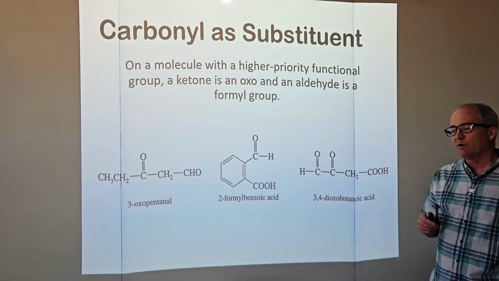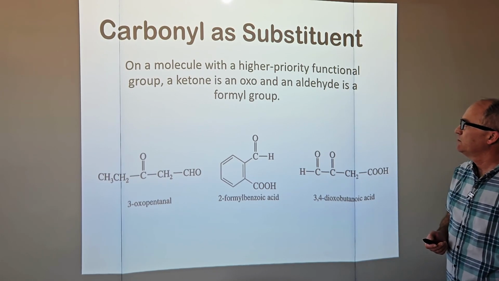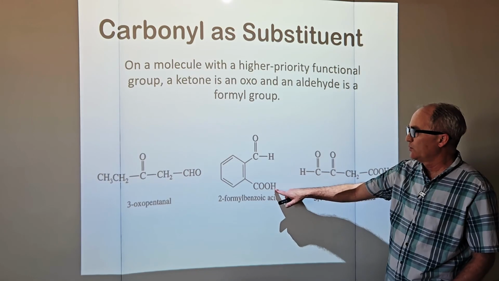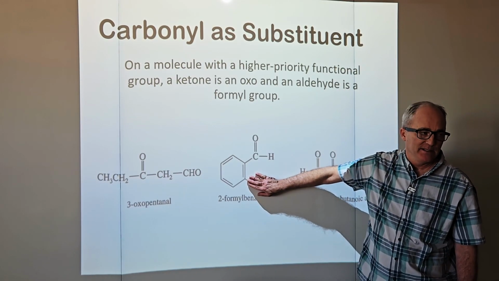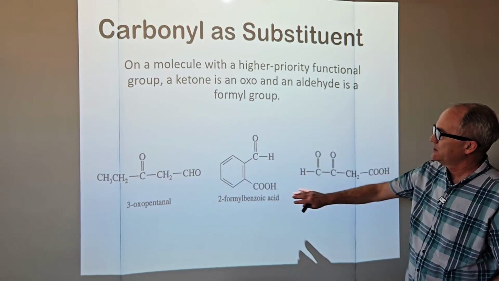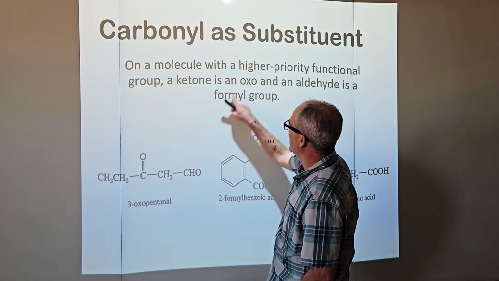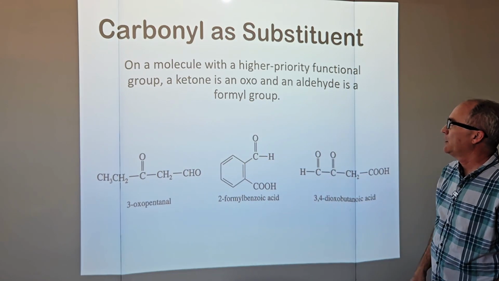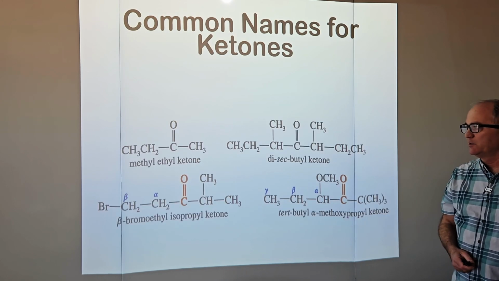So I guess the reason why we don't say carbaldehyde is that we have a higher priority group. Of course, if this was a hydrogen, I would call that benzaldehyde. So since this has a higher priority, the ketone gets named oxo, and the aldehyde is a formyl group. Aldehydes have higher priority than ketones.